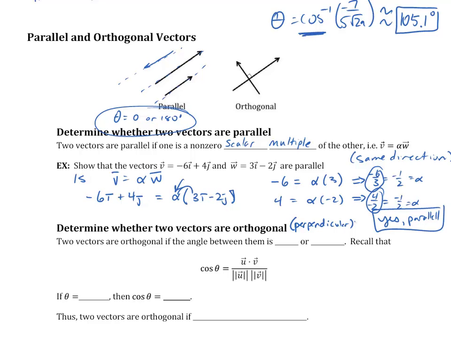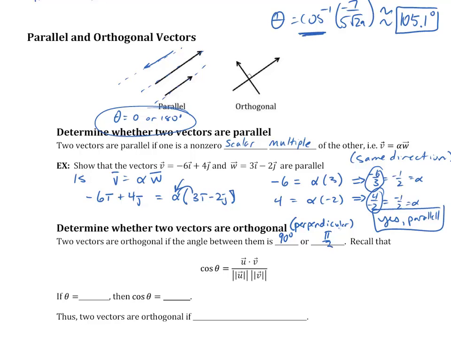Perpendicular is usually only in reference to geometric shapes like lines and vectors. But we say they're orthogonal or perpendicular if the angle between them is 90 degrees or pi over 2 radians.